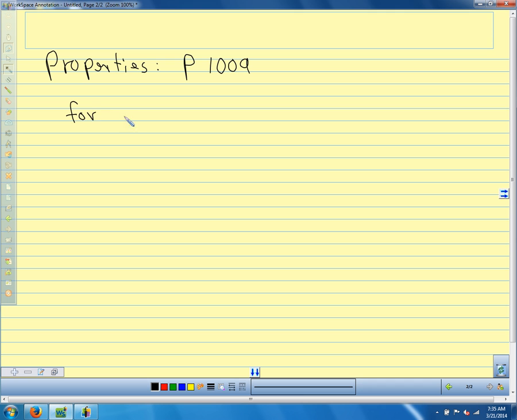For nice rectangular regions, dv, our little volume element, is going to be some permutation of dx, dy, dz.